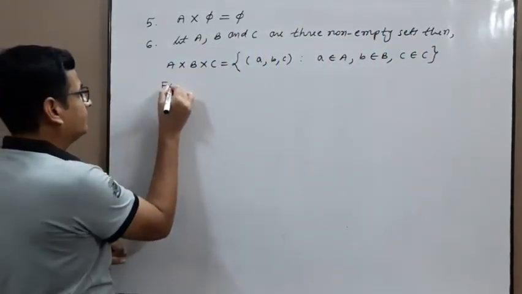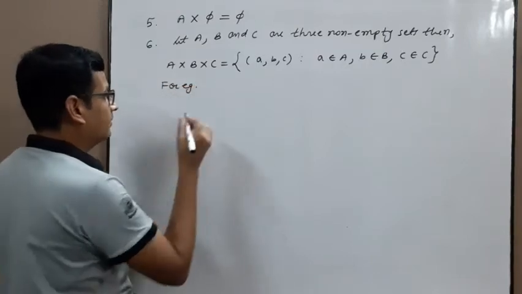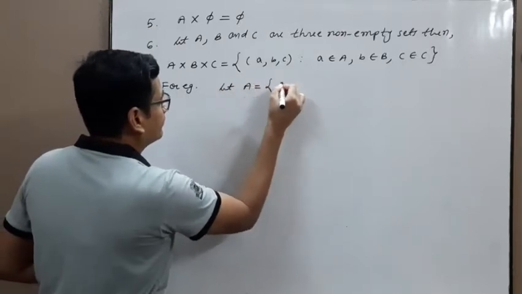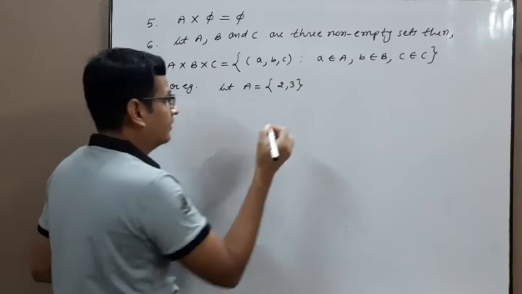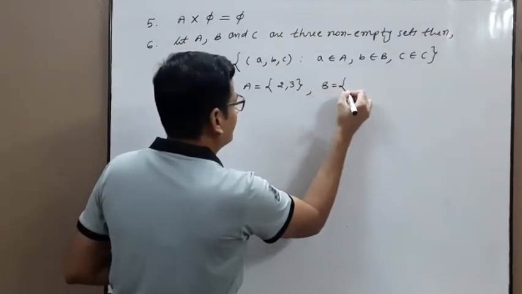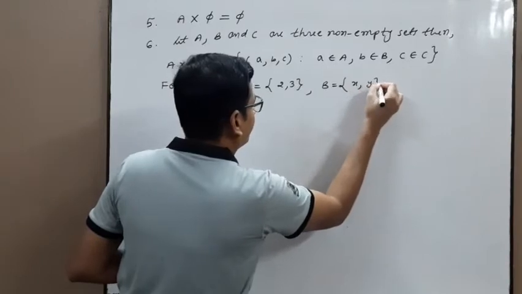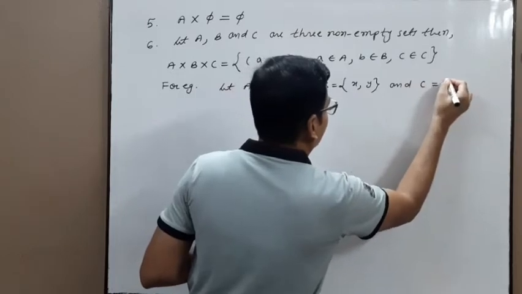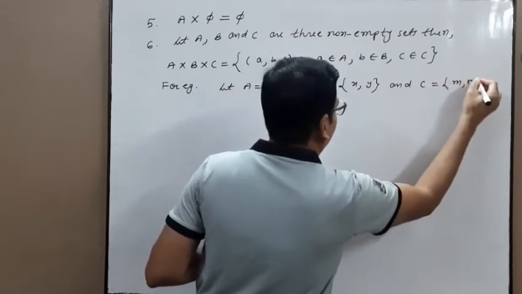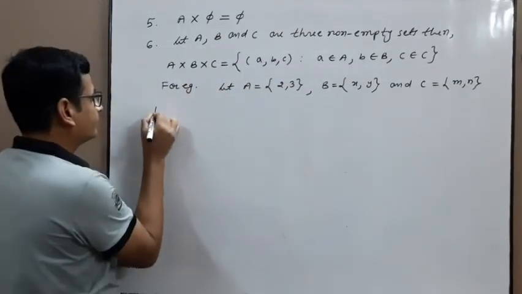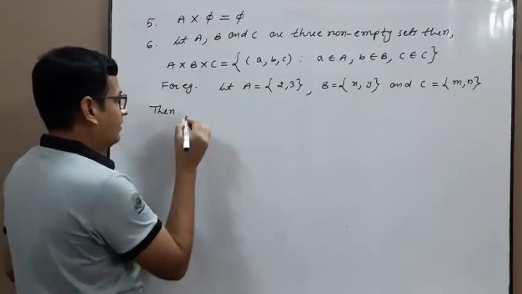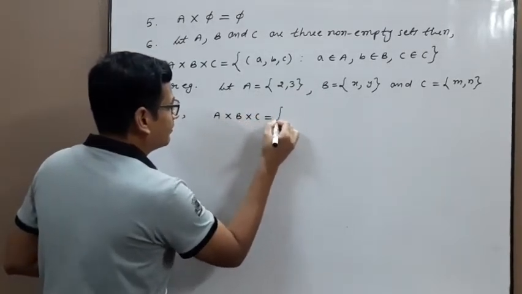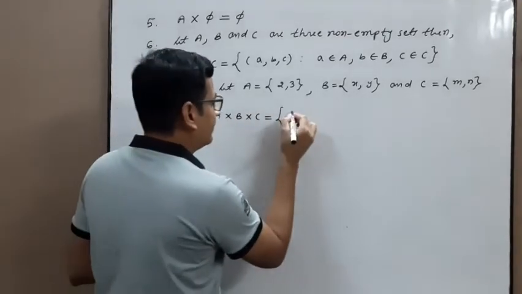For example, let A equal {2, 3}, B equal {x, y}, and C equal {m, n}. Then A cross B cross C is a set of ordered triplets.